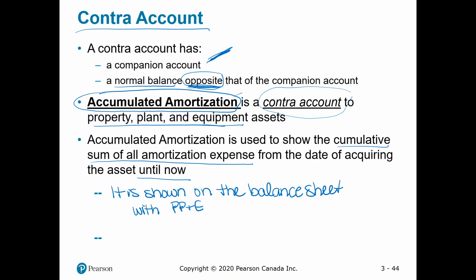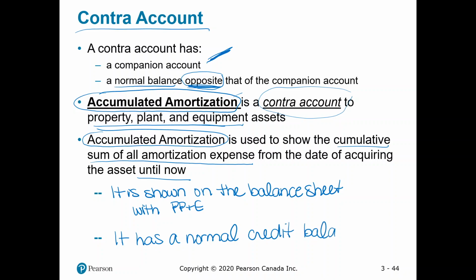So this accumulated amortization contra account has a normal balance of a credit. It has a normal credit balance. Okay, so we know what a contra account is. Now let's look at an example, and I think this will make a bit more sense.